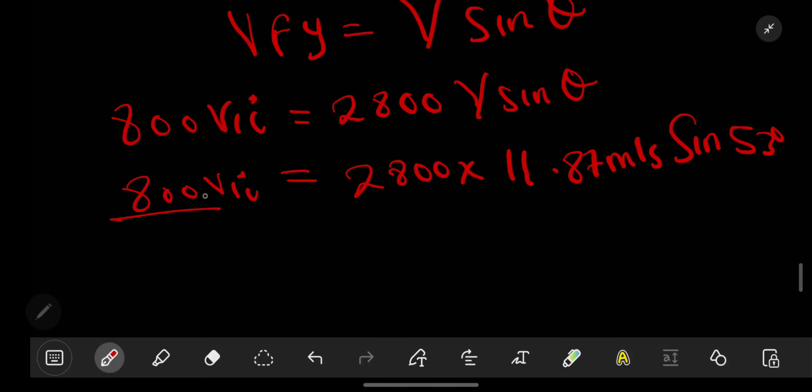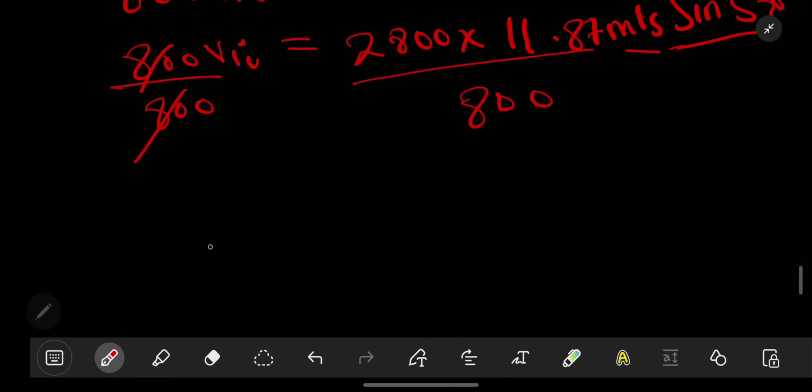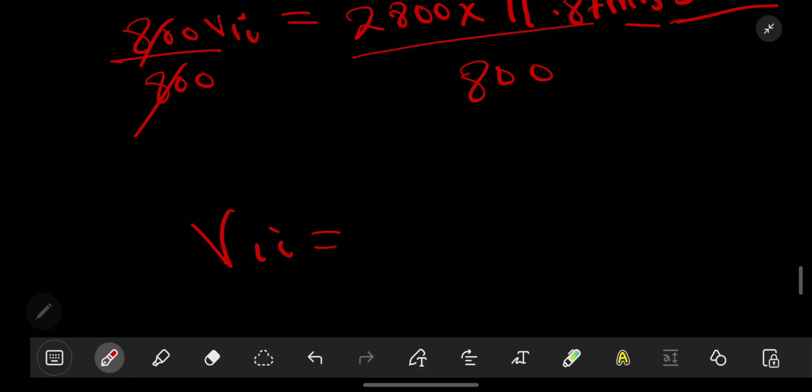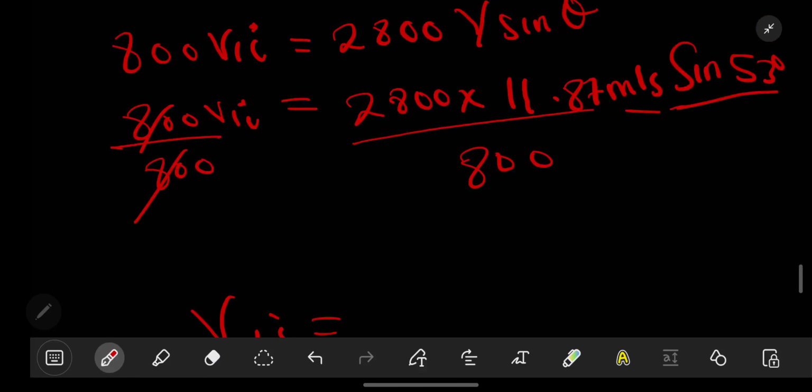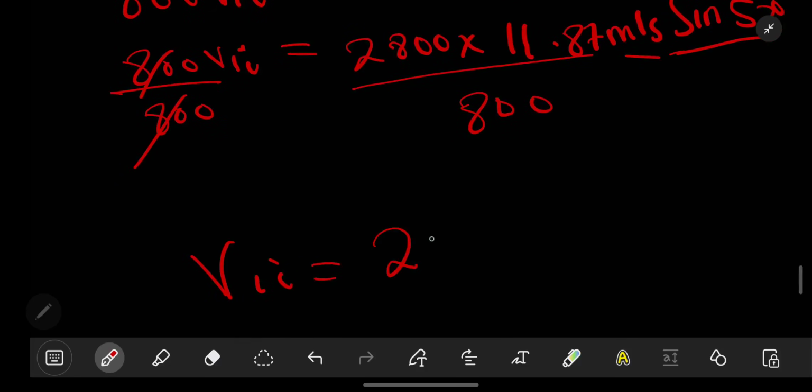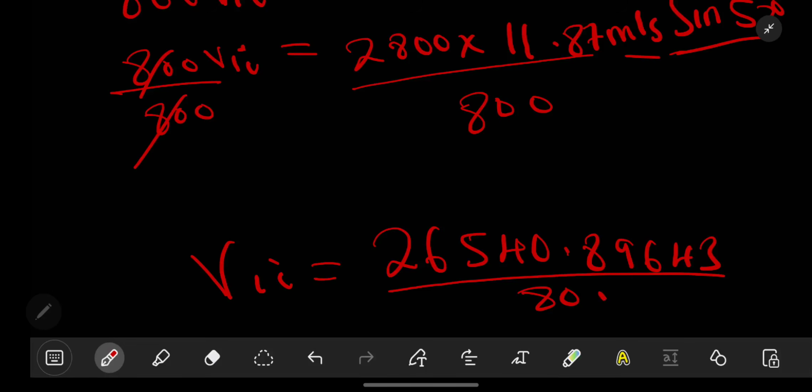We divide by 800 to make v1 the subject of the formula. So v1 initial should be equal to 11.87 times 2800, then times the sine of 53. This is going to give us 26,540.89643 over 800.